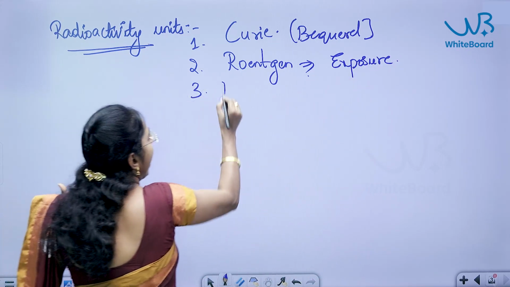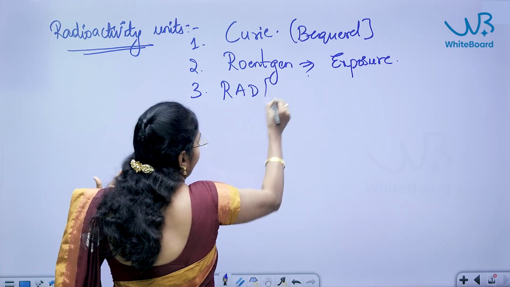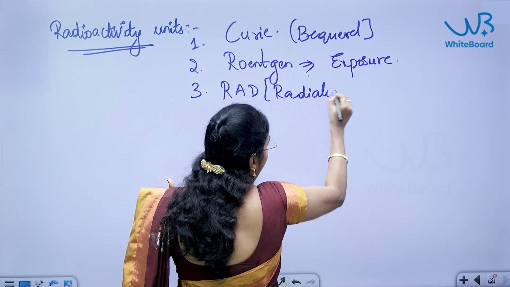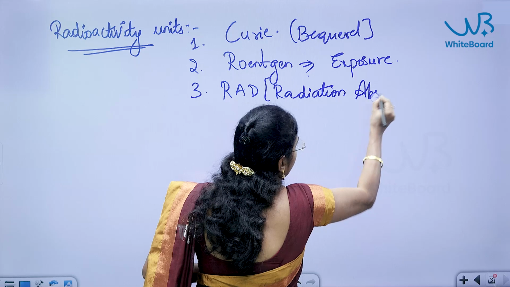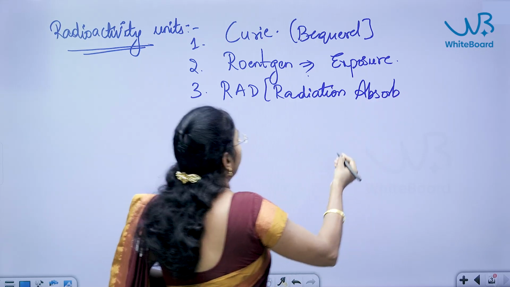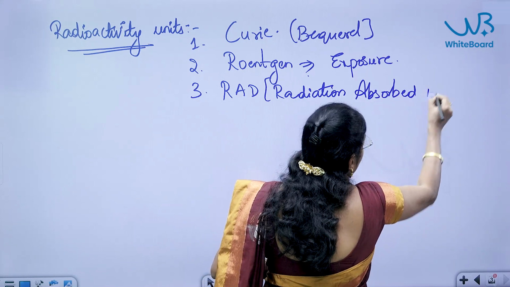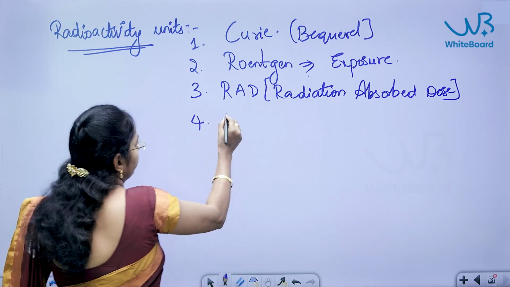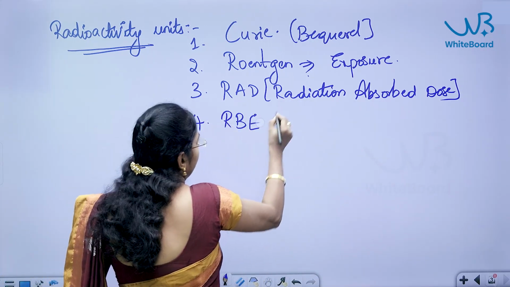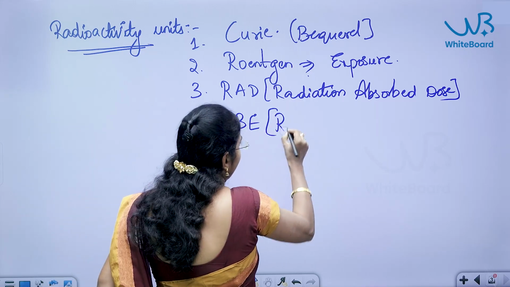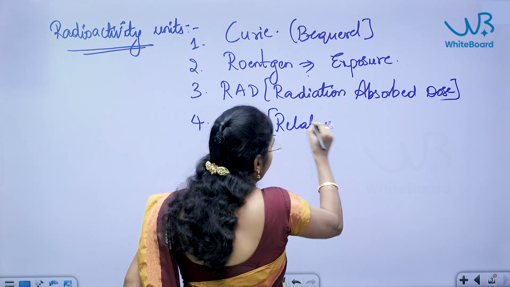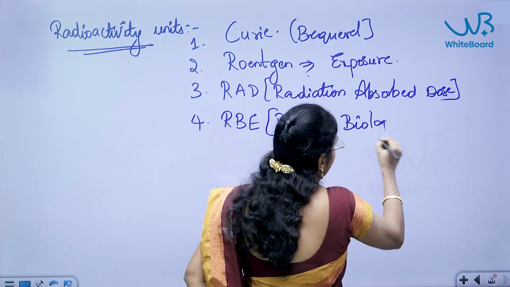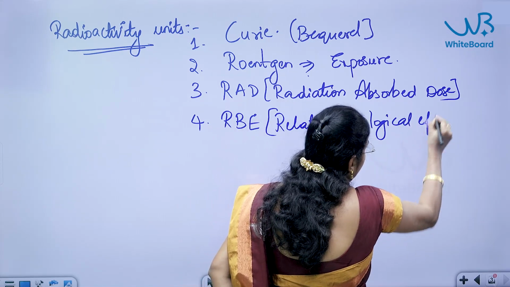Next, rad units, radiation absorbed dose, which are the units for absorbed dose. And next, RBE, relative biological effectiveness.